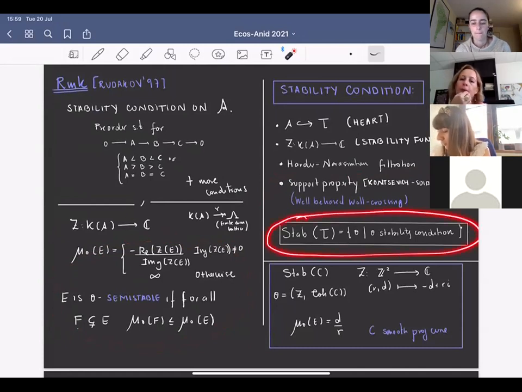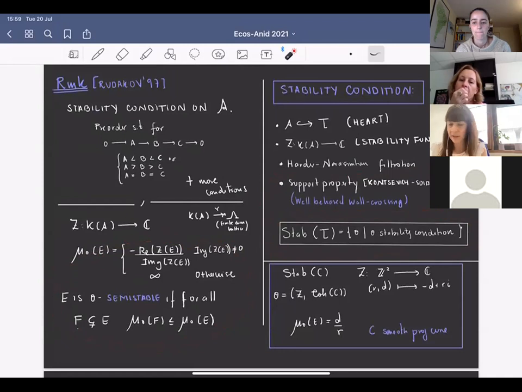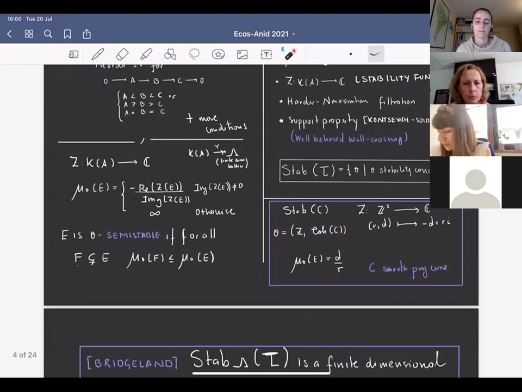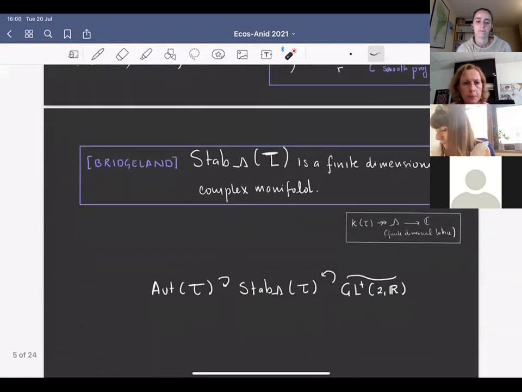So we're going to call Stab(T) the space of stability conditions of a triangulated category T. And here, for example, we just recover the usual slope stability in the case of curves. This is degree over rank. Usually the standard heart is not going to allow a stability condition, for example, in surfaces.